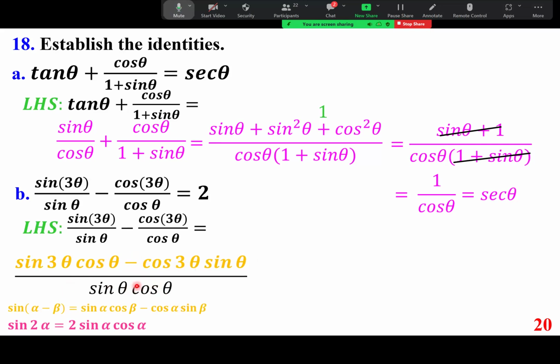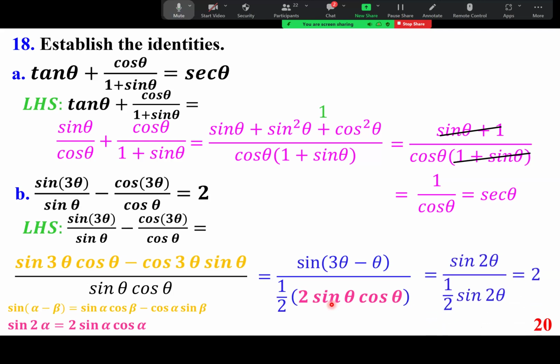And this one, let's put a 2 and 1/2 next to it to make sure we understand. This is sine of 2 theta. This is also sine of 2 theta. You get 1 over 1/2, which is 2. So pretty straightforward, very simple. I hope everybody's okay with that.